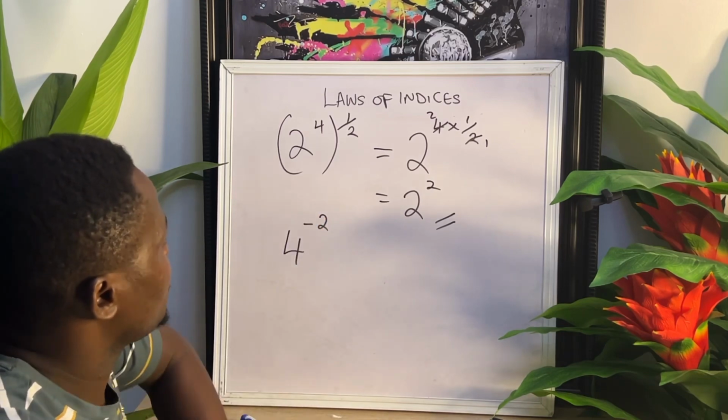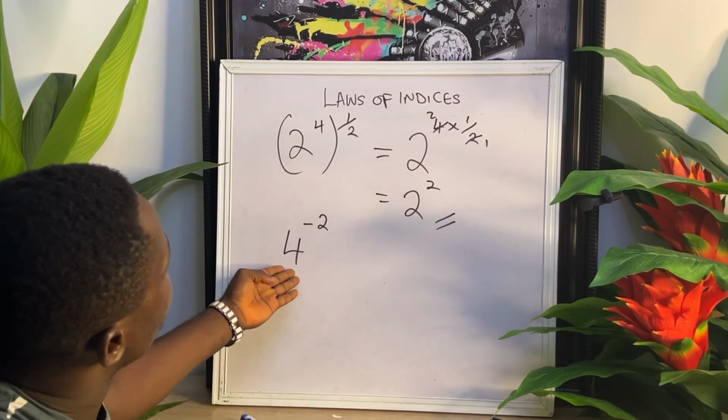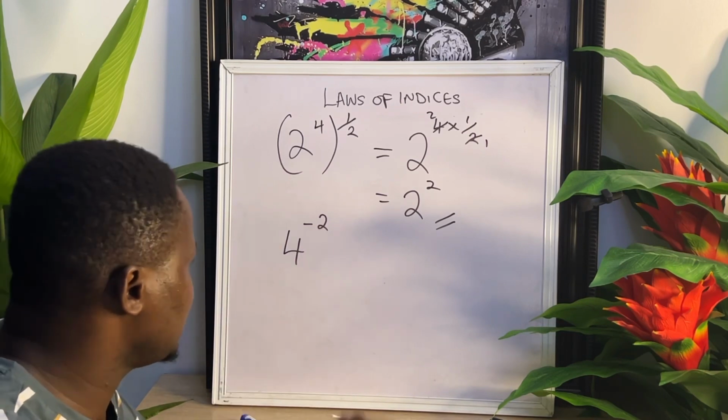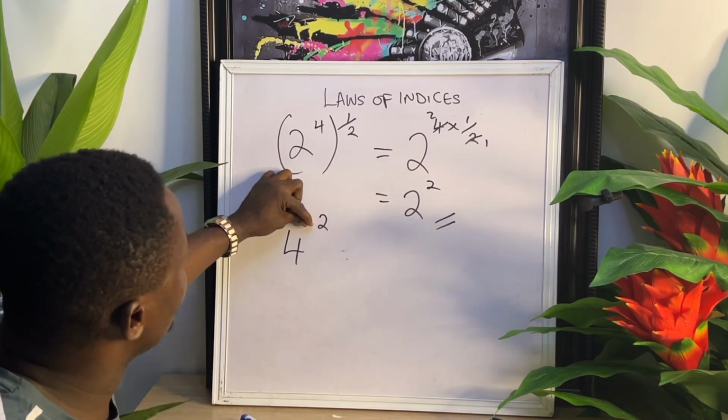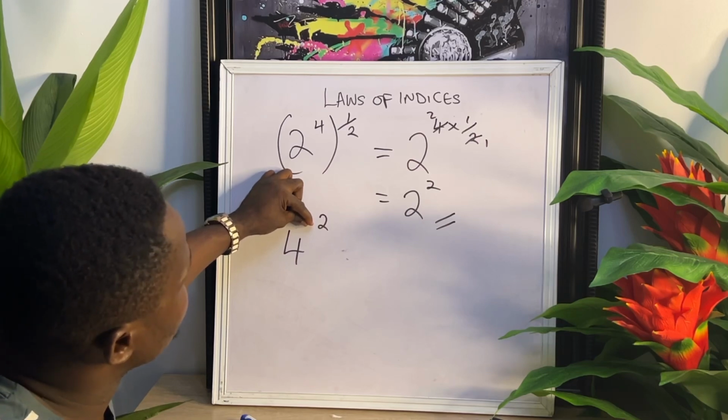But I would rather go this way. When you have a base with negative power, ignore the negative sign first. Ignore the negative sign, and then we have left 4 raised to power 2.